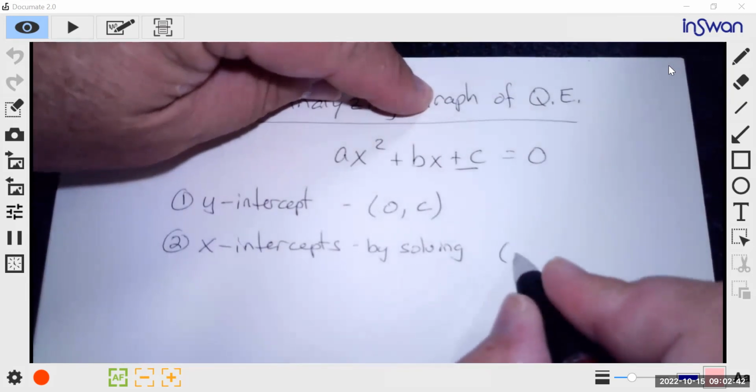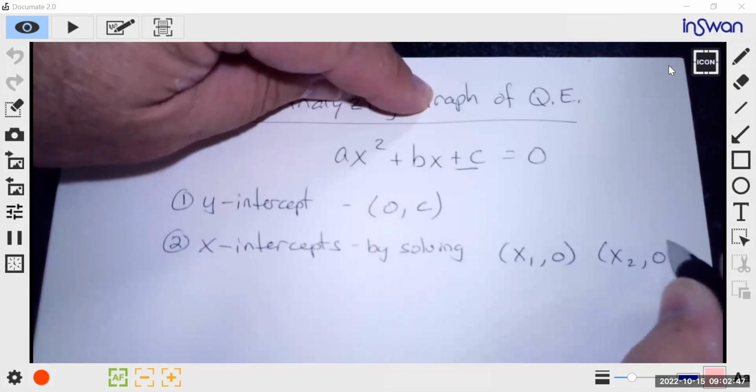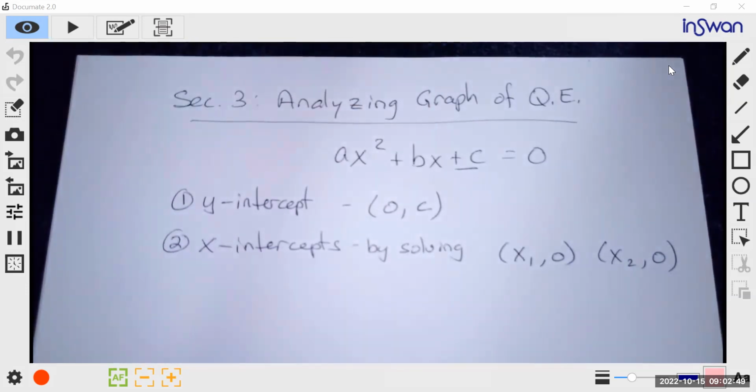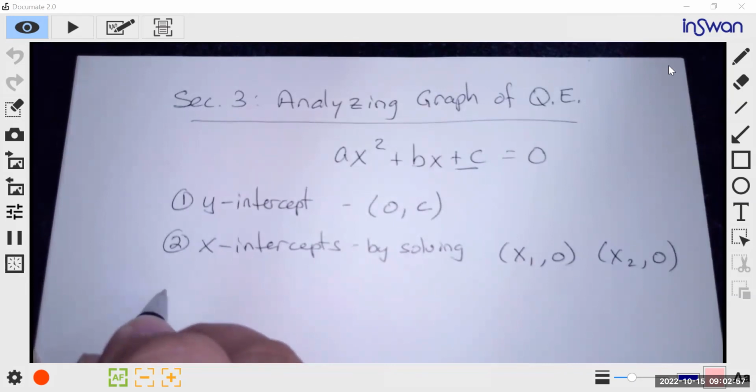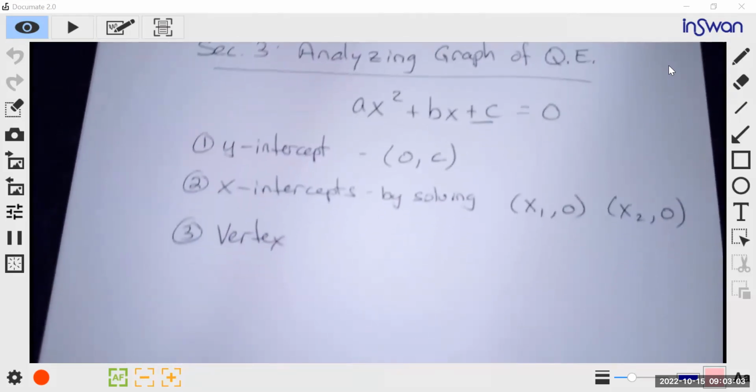That will give you your x-intercepts. Those are those locations. Third, we can find the vertex.